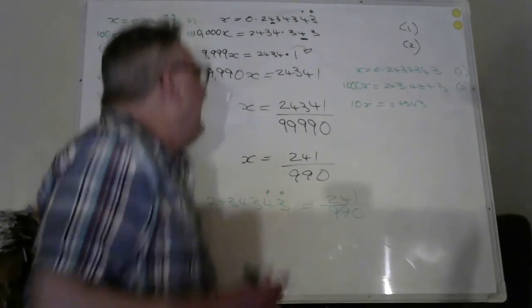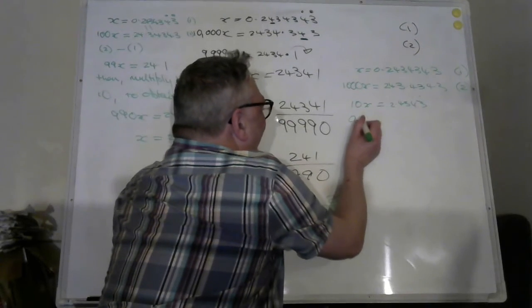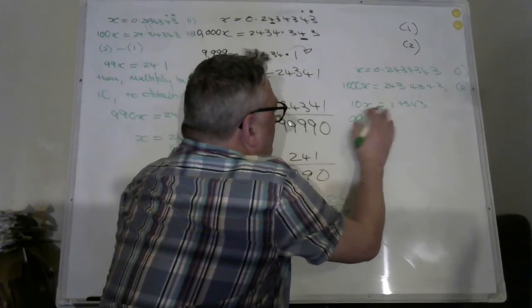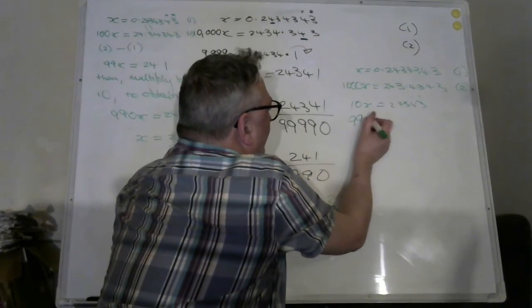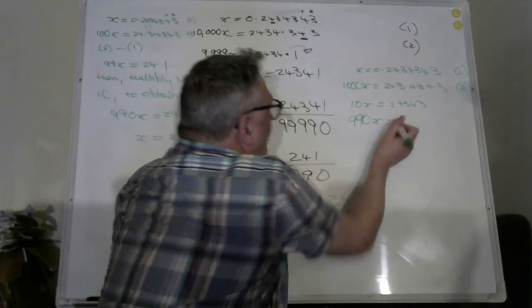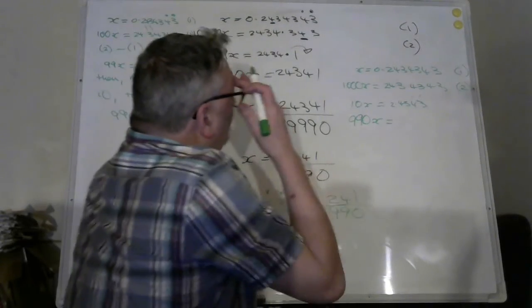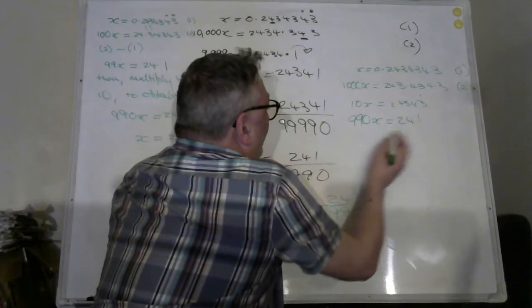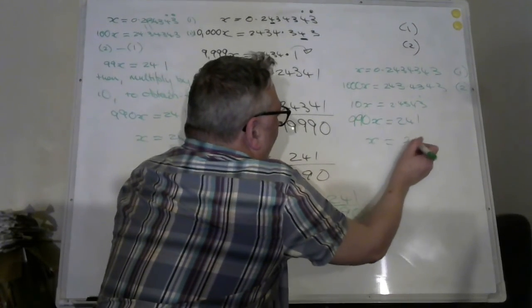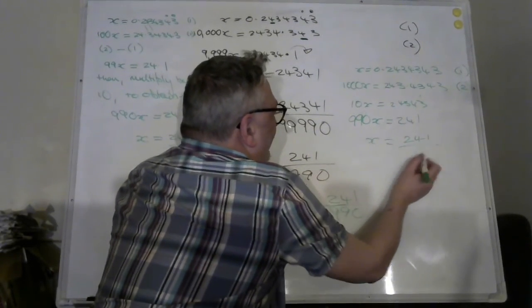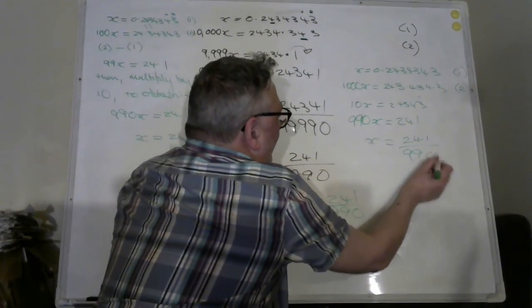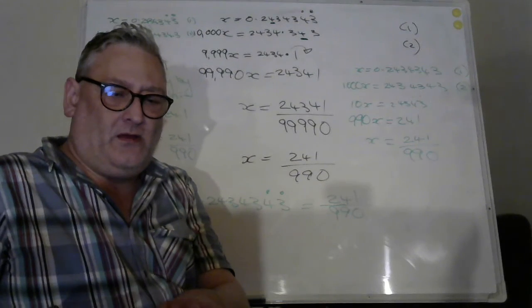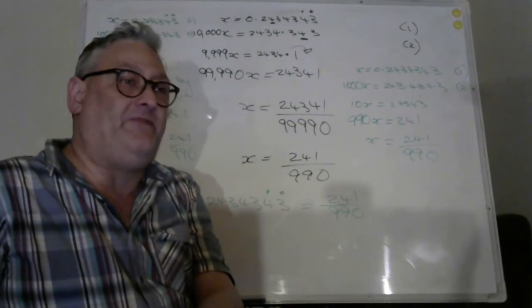And 990x equals, well, it's just 243 minus 2 is 241. You're brilliant, Chris. You're ahead of me. Over 990. That's where it all comes out.